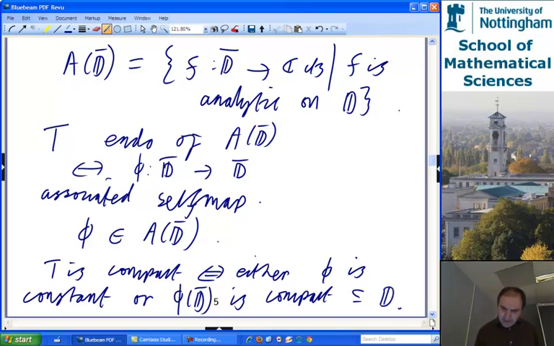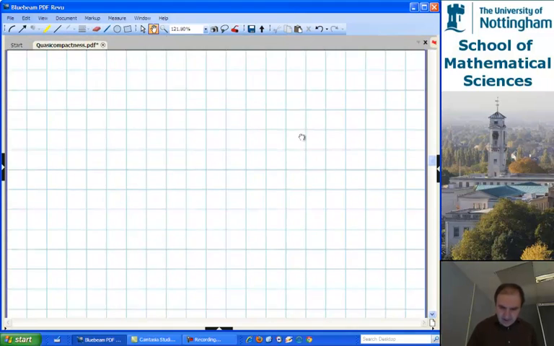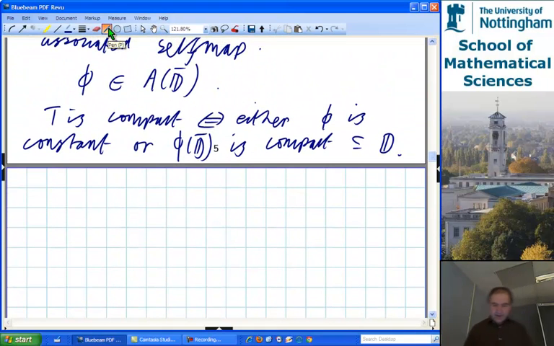In which case you can say exactly what the eigenvalues and eigenvectors are and so on.